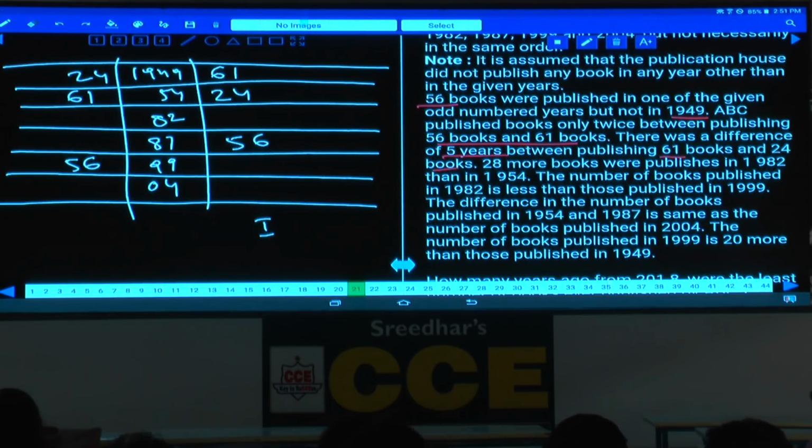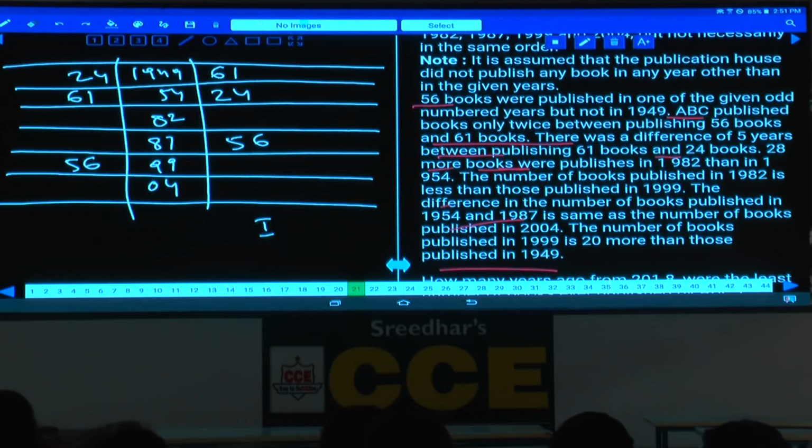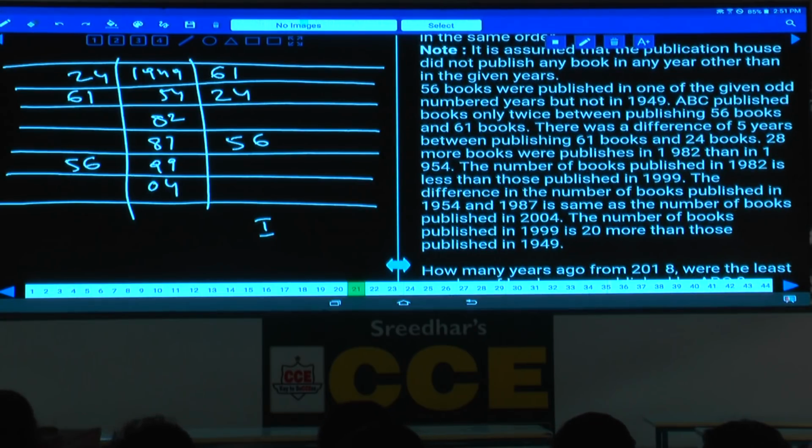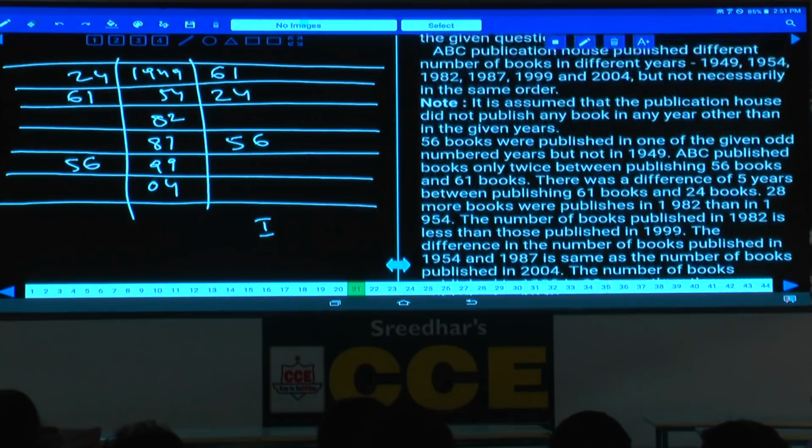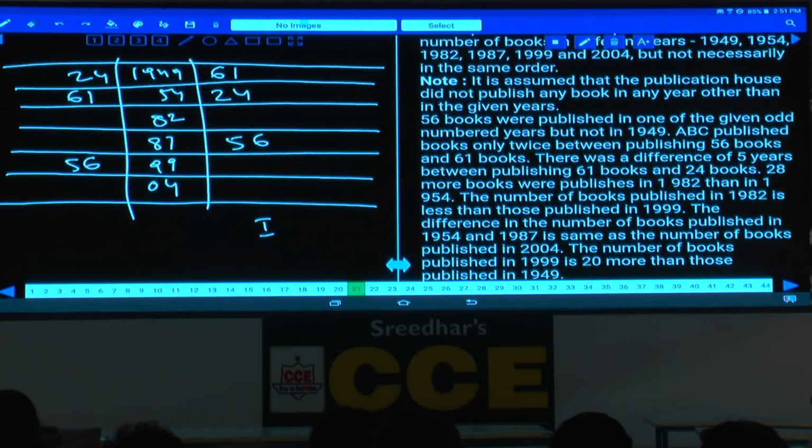And again, 28 more books, underline this word more. It is not 28, but as it is, 28 more books are there. 28 more books were published in 1982 than in 1954.